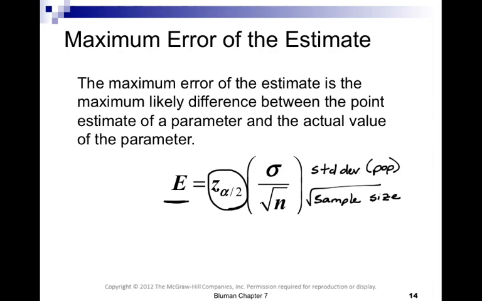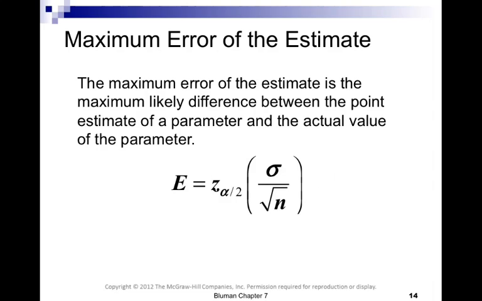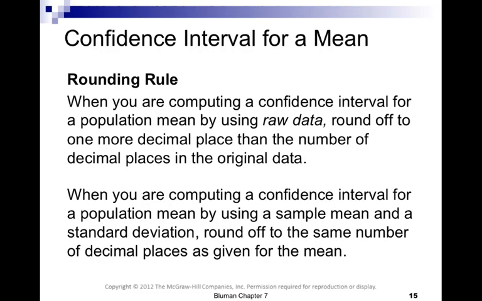So let's go on to the next page. All right, so the confidence interval for the mean. When we look at the rounding rule, when you're computing a confidence interval using raw data, and that's when you'll use the 1-bar stats on your calculator like the video I made for you earlier, round off to one more decimal place than the number of decimal places in your original data.